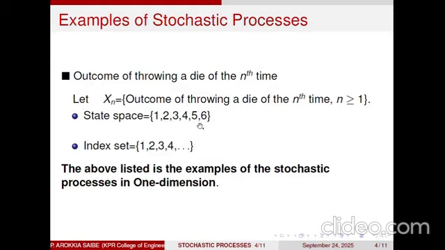So this set is nothing but the state space. Whereas the index set is nothing but for each n, the outcome varies. So this n takes the value 1, 2, 3, 4, etc. So these taking values are nothing but the index set. So this is the definition example of stochastic process.